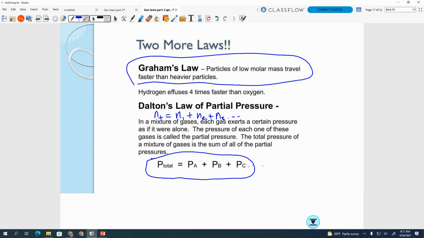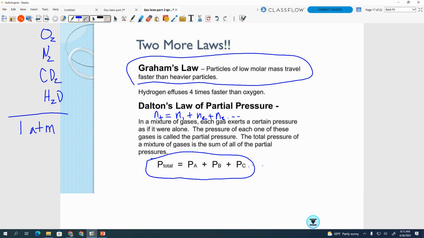So one way to think of it is we say that atmospheric pressure is 1 atmosphere. But we know that we have oxygen, nitrogen, carbon dioxide, and water vapor in the air. Whenever we look at these and we're trying to say, how do we get this 1 atmosphere?